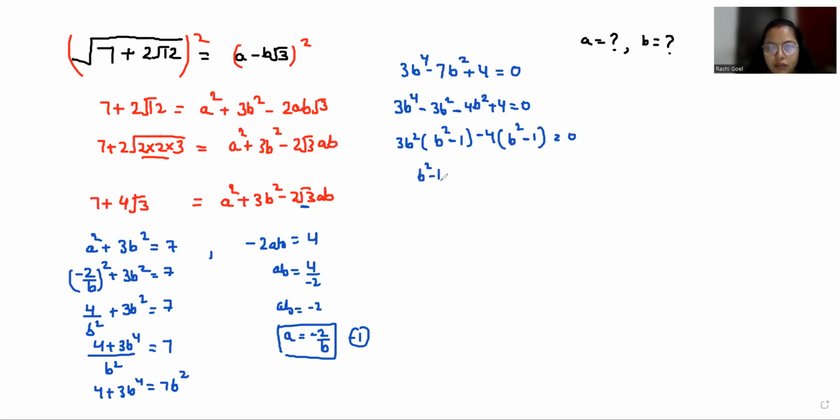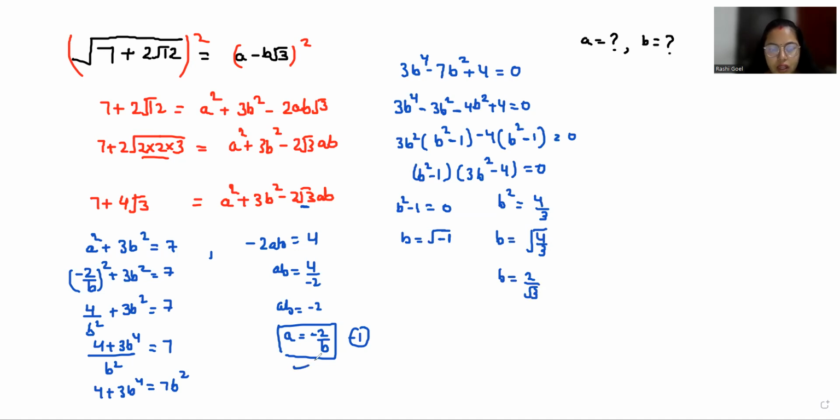B square minus 1 is common, so 3b square minus 4 is equal to 0. Here it becomes b square minus 1 is equal to 0, so b is equal to under root 1. And b square is equal to 4 by 3, so b is equal to under root 4 by 3, which gives 2 by root 3.